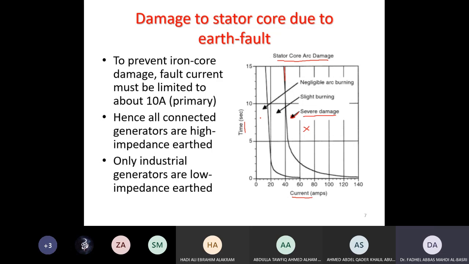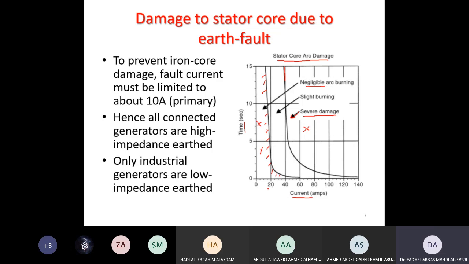When you work on this side of the curve, there is negligible arc damage, so it is safe, and even if you have a fault it will not damage the core.